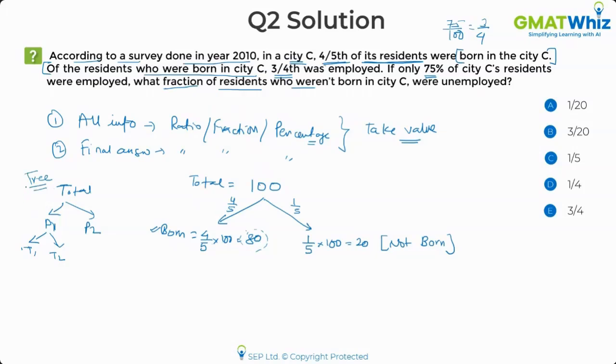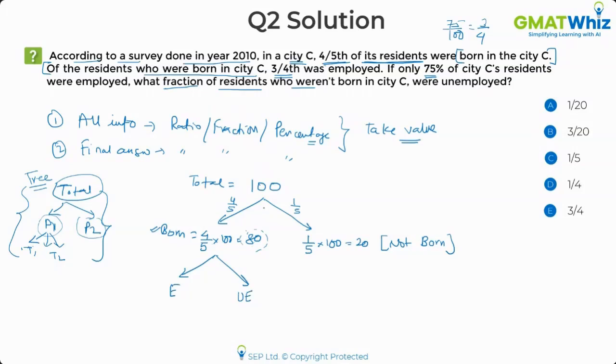This is the kind of hint you need to take. Whatever the total is, it's divided into two parts. Now, one of the parts or both would again be subdivided into two or more parts. It could be three also, doesn't matter, as long as they're getting subdivided, it makes sense for you to use a tree. So in this case, when I see that 3/4 are employed, that's an indication, hey, now they're dividing this into employed and unemployed.